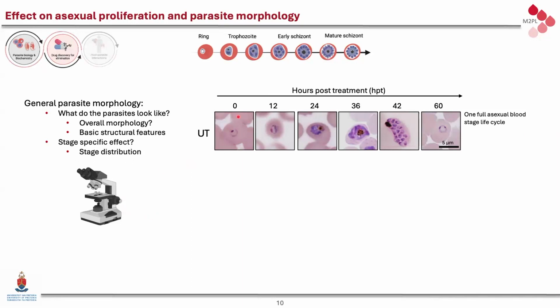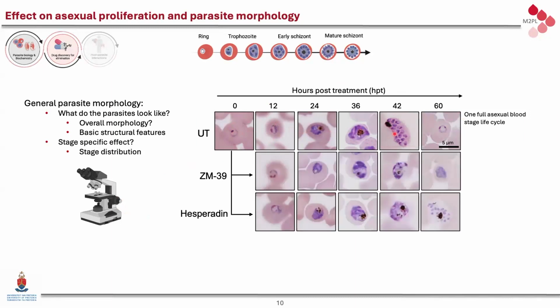Here I'm just showing you images of parasites taken every 12 hours within one asexual blood stage life cycle. When ring stage parasites were treated with two different known anti-cancer inhibitors, namely ZM39 and hesperadin, and left to progress through their asexual blood stage life cycle, we saw something quite interesting.